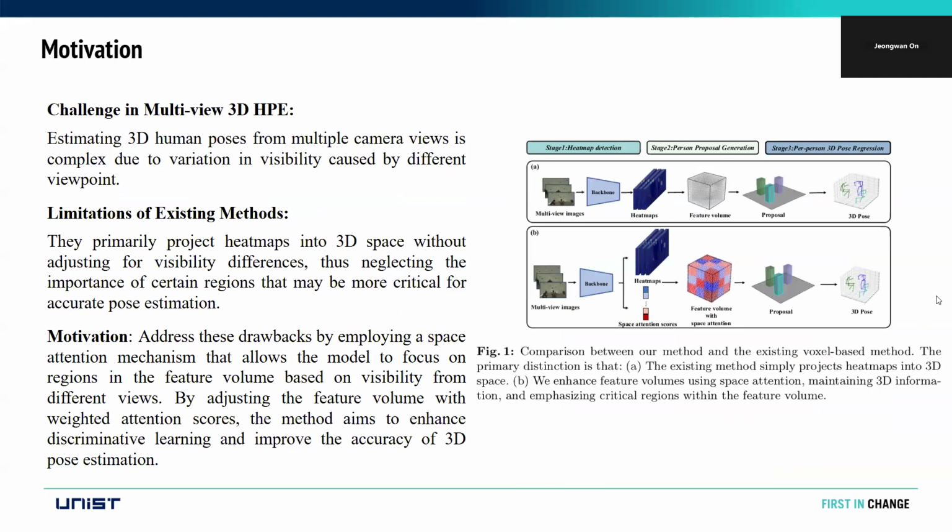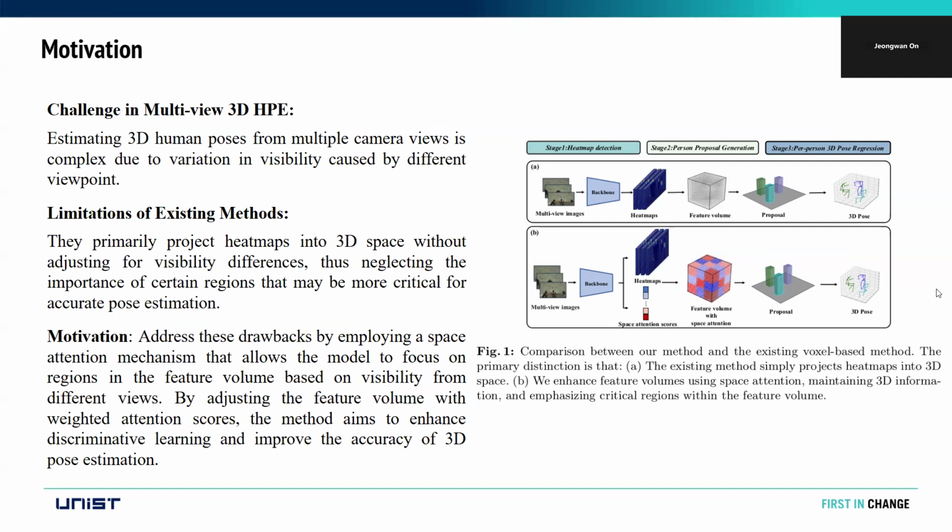Estimating 3D human pose from multiple camera views is complex because of the variety of visibility caused by different points of view.